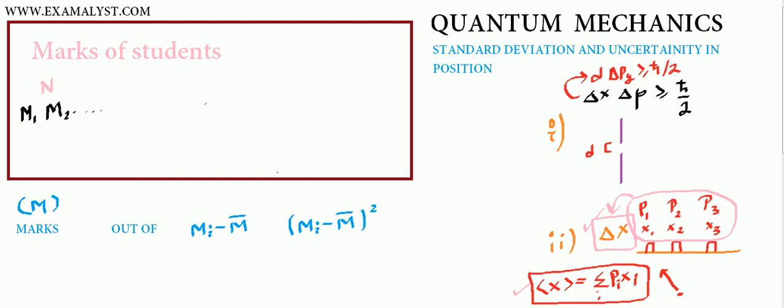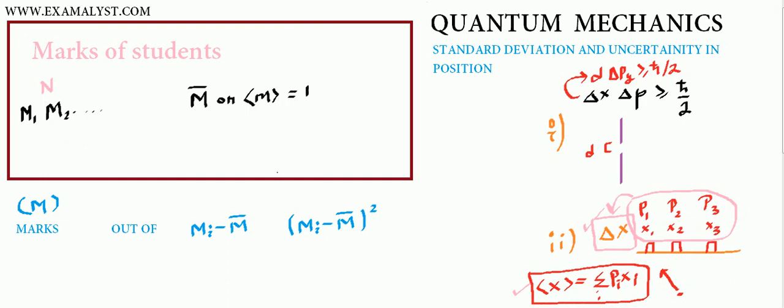Now, how do you calculate the average mark? Say the average mark is represented by M. This is actually the expectation value itself. How do you calculate the average?